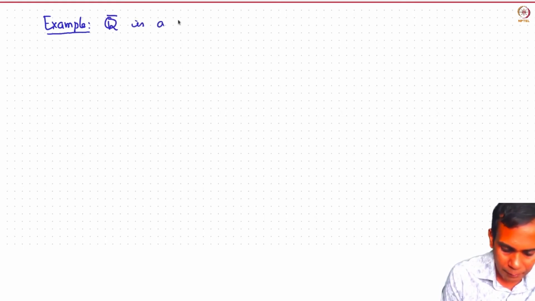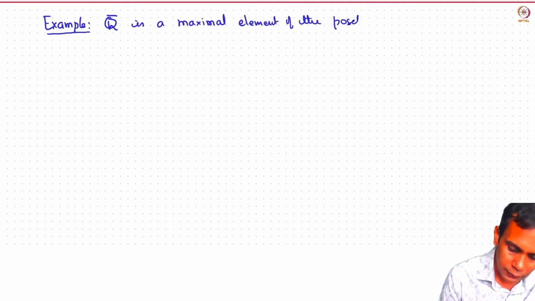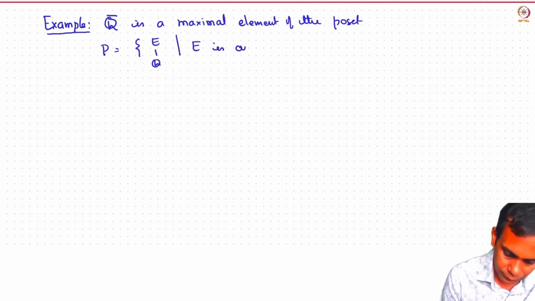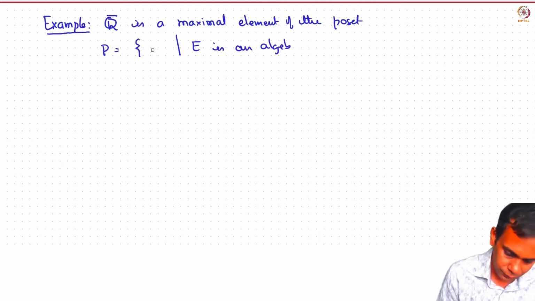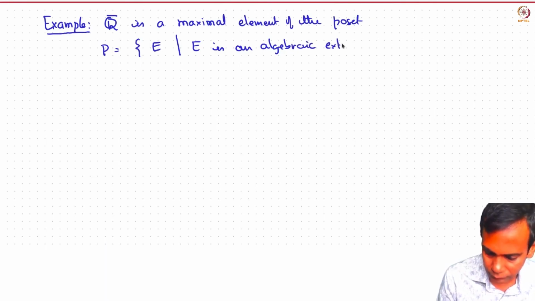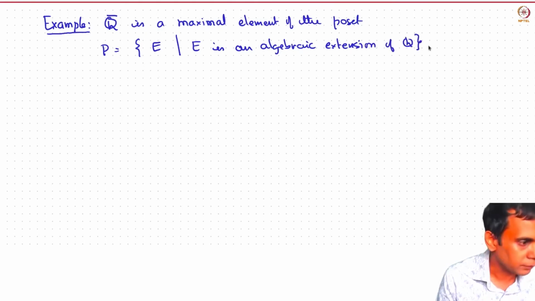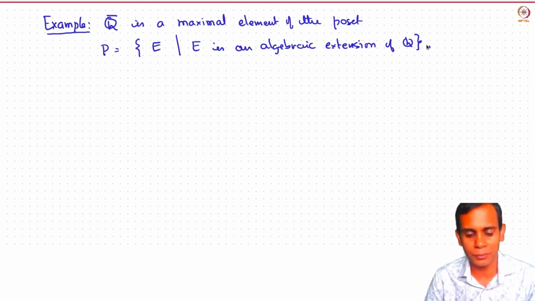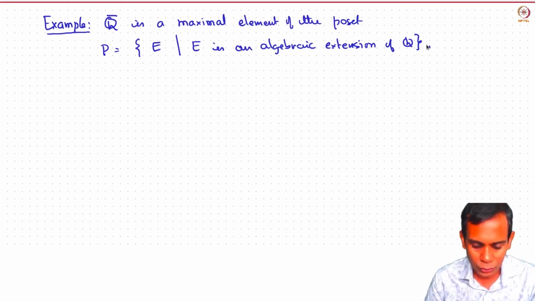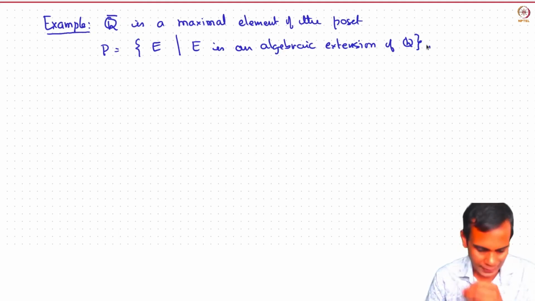Q bar is a maximal element of the poset P equals {E}, where E is an algebraic extension of Q. In fact, if you have any algebraic extension of Q, it is contained in Q bar, because Q bar contains all the elements of the complex numbers which are algebraic over Q. And so every algebraic extension is contained in Q bar, and therefore Q bar is the maximal algebraic extension. It itself is algebraic, of course.